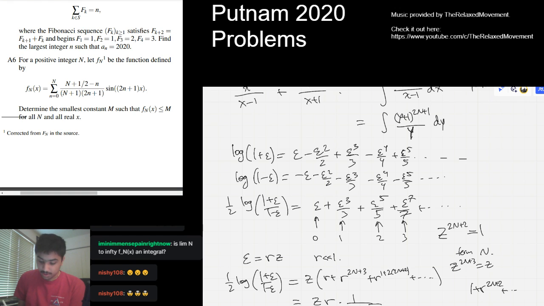And the same with the next term. It'll be z cubed r cubed over 3 times the same factor.